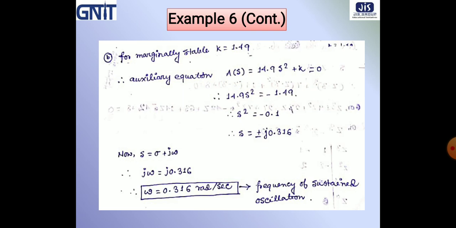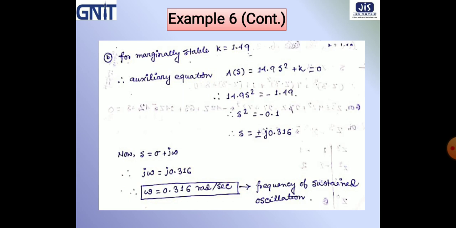So from this auxiliary equation we find that s is equal to plus minus j 0.316. Now s is equal to sigma plus j omega, and from this j omega, omega becomes 0.316 radian per second. So that is our frequency of sustained oscillation.